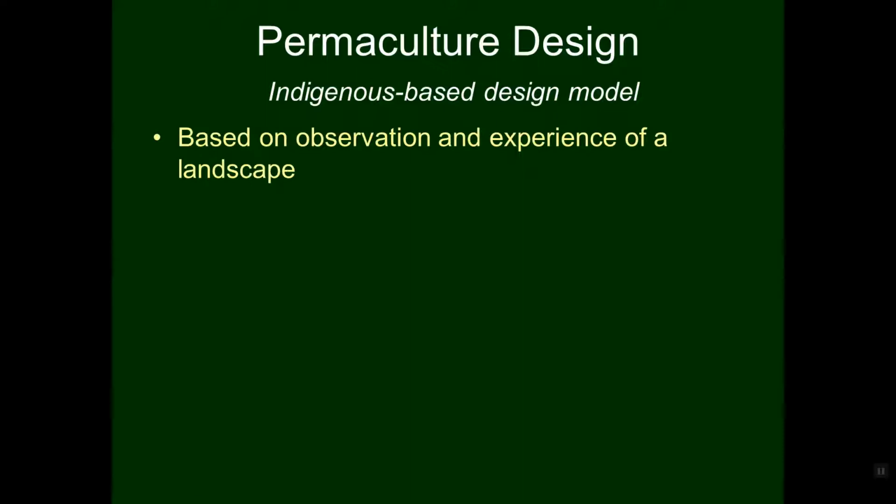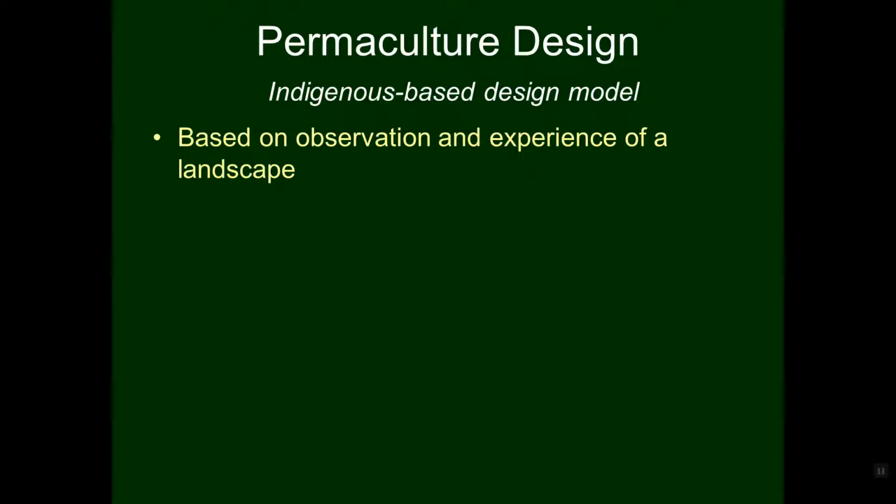One of the key elements of permaculture design is that it's based on observation and experience of a landscape. Permaculture designers will look at a site. It could be a small farm, or your house, the property your house is on. Even a condo or an apartment has the possibility to implement some permaculture design principles. But let's take a 3 bedroom ranch house in Goleta, a typical home around our region.